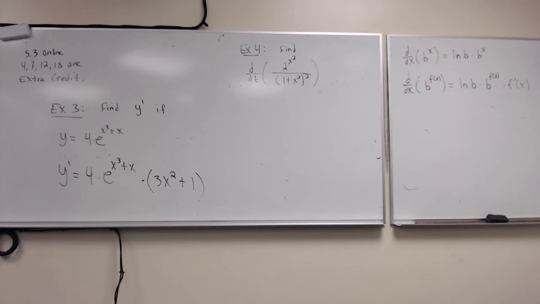So now I'm starting to bring in other rules on top of the rules we already know. Here you're going to have to use the quotient rule first, coupled with the chain rule while you're doing it. I want everyone to work on this for maybe 4 or 5 minutes before we do it together.